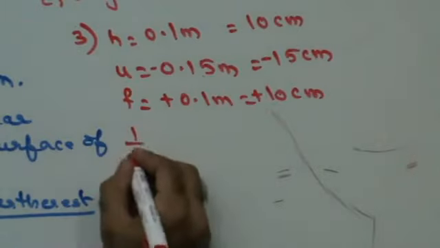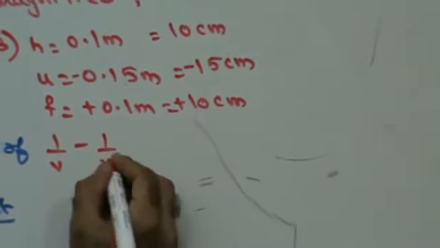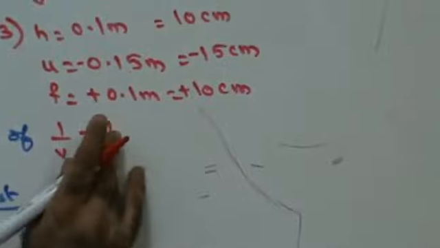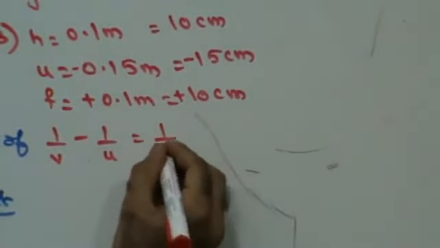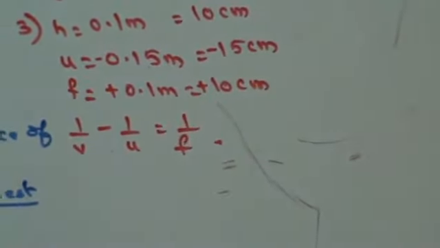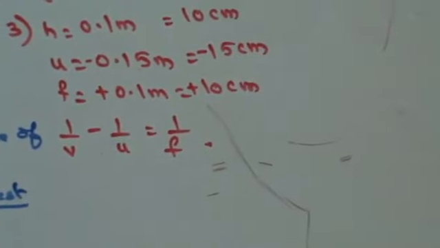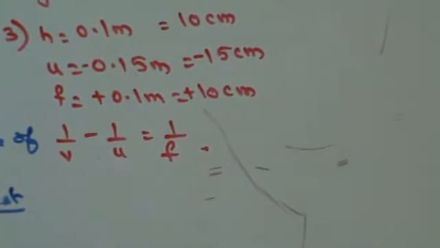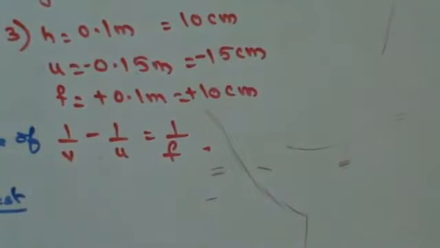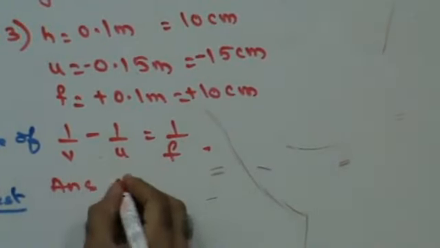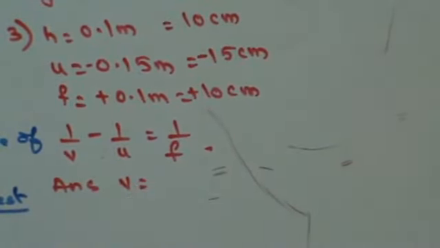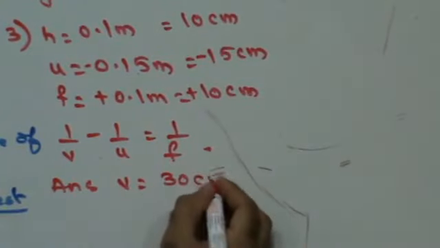So I can use the formula of 1 upon v minus 1 upon u is equal to 1 upon f. Right? So I know the value of u, I know the value of f, I should be able to get the value of v. The answer for v should be 30 centimeters.